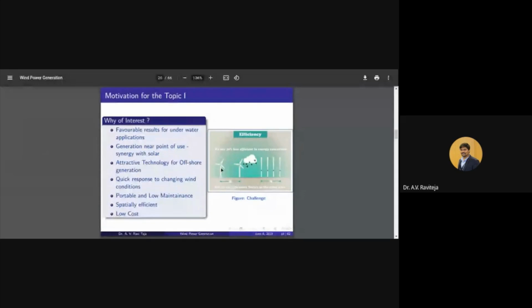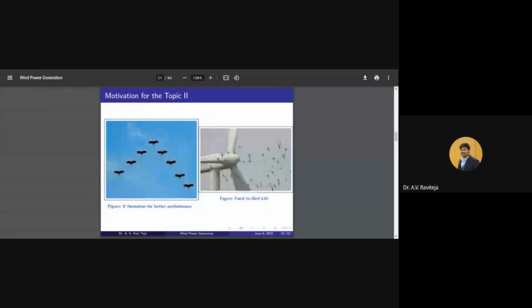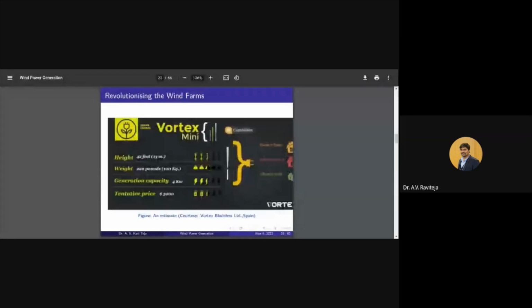Here in X distance, two turbines; here I can place more bladeless turbines. And of course low cost and bird friendly.